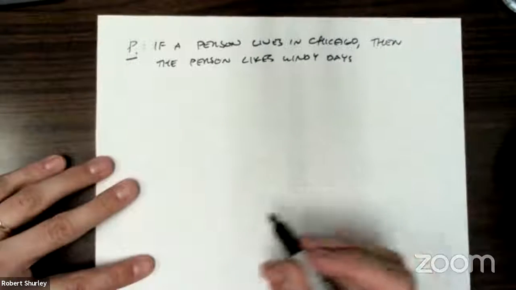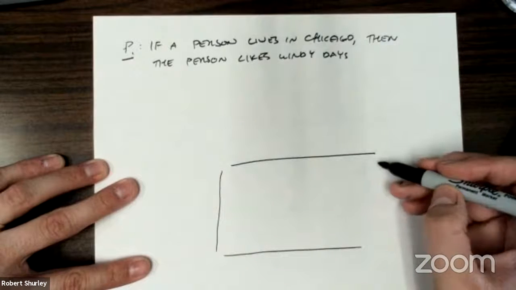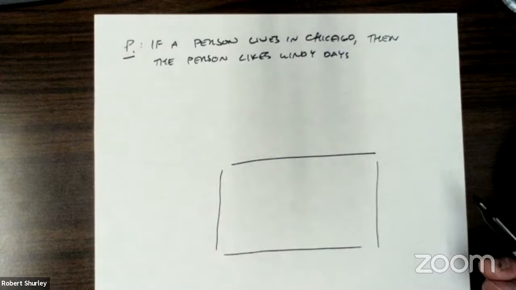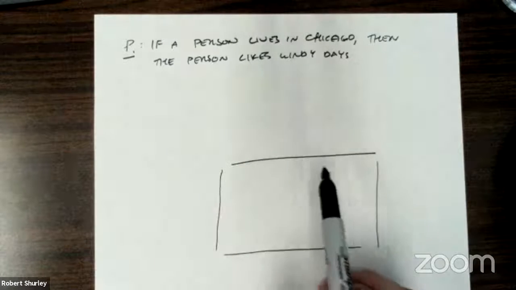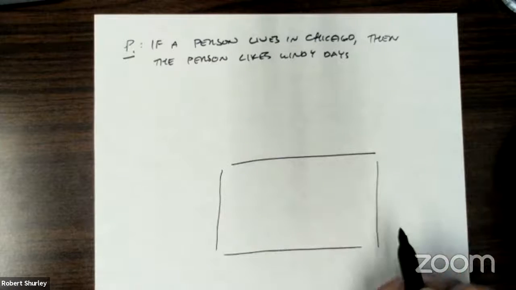And let's just draw what that is telling us. So if a person lives in Chicago, then that person likes windy days. So therefore, we got to think about this. So people that like windy days, all Chicago people are going to be inside that, right?